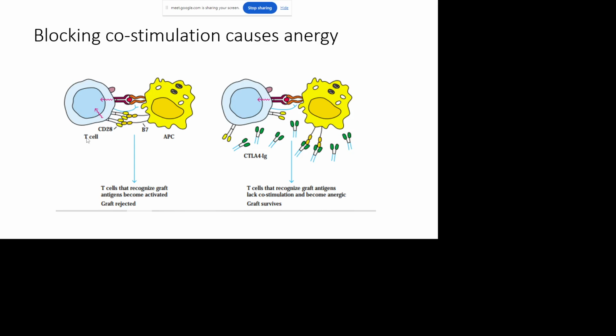This APC will present its antigen with MHC class 2 that will be recognized by the TCR as well as the CD4 or CD8, and for class 2 MHC it will be CD4. And for the co-stimulation signal, the T cell will express CD28 and the APC will express B7.